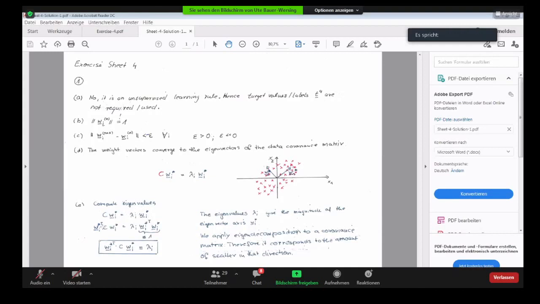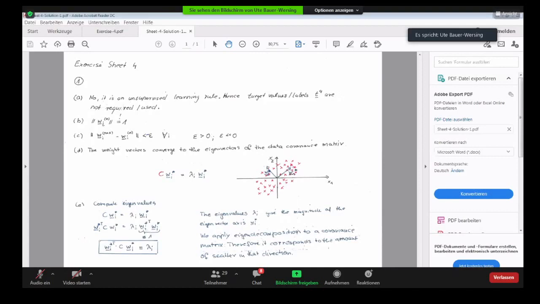When we look at this equation, we can multiply both sides from the left-hand side with the weight vector transpose, right? Since lambda_i is a scalar, it doesn't matter.